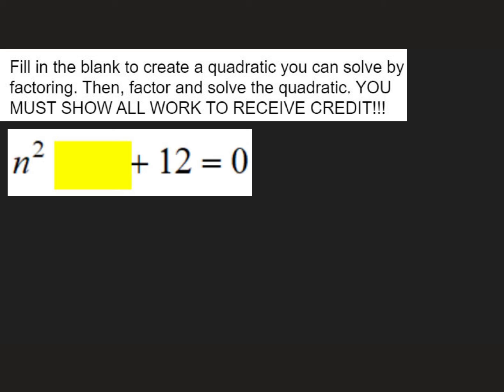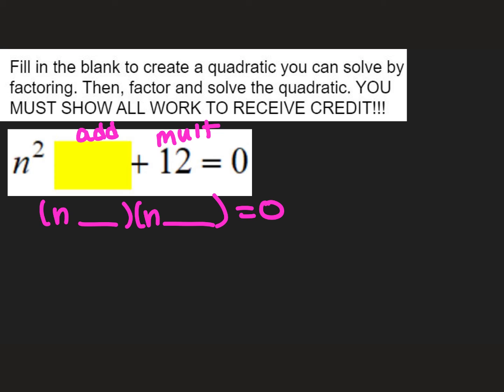In this example, now we want to solve, and again, we know that it always has to multiply to the last number and add to the middle number. And we're filling those in to the blanks. Now, we can choose any two numbers that multiply to 12.